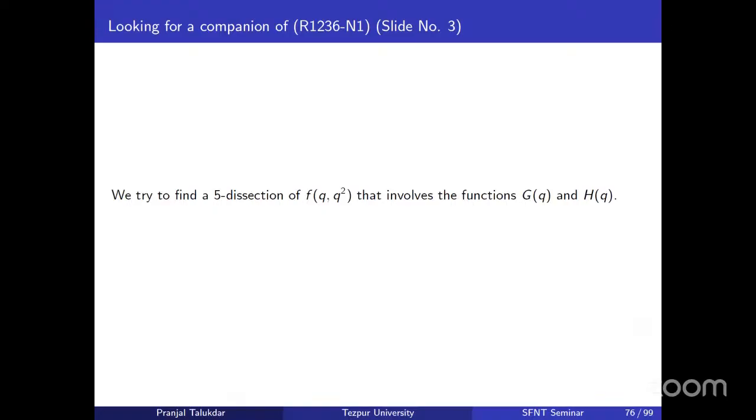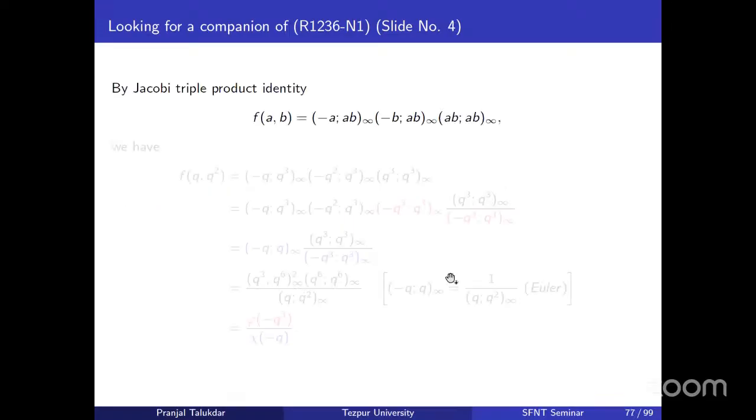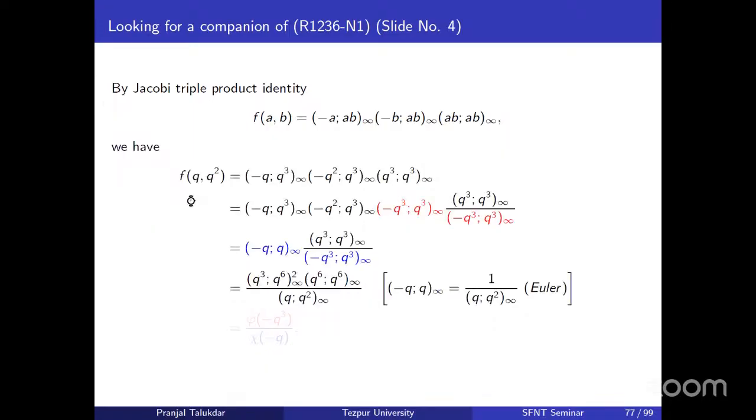So we now want to find the 5-dissections of this power series involving zq and hq. Similarly, we use the Jacobi triple product identity, and then we express this power series in terms of phi of minus q3 and 1 by chi of minus q.